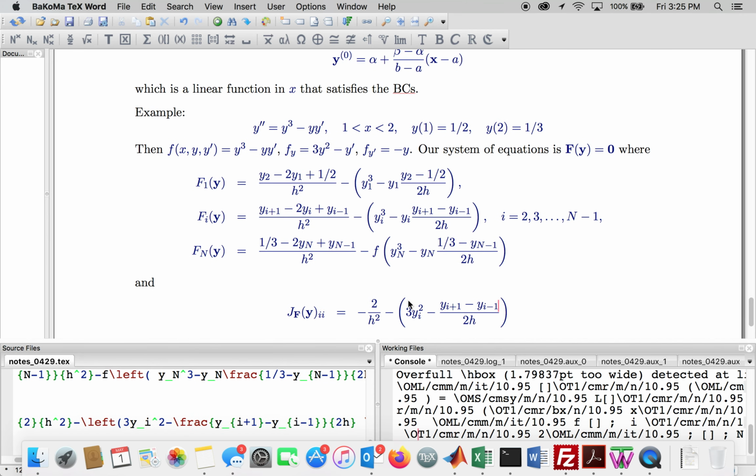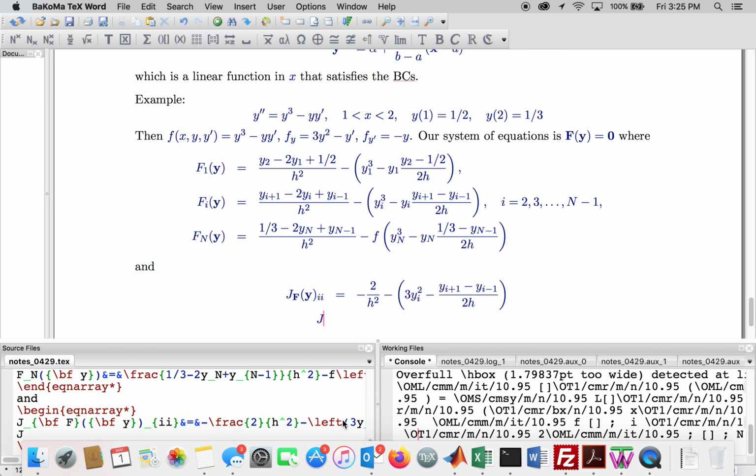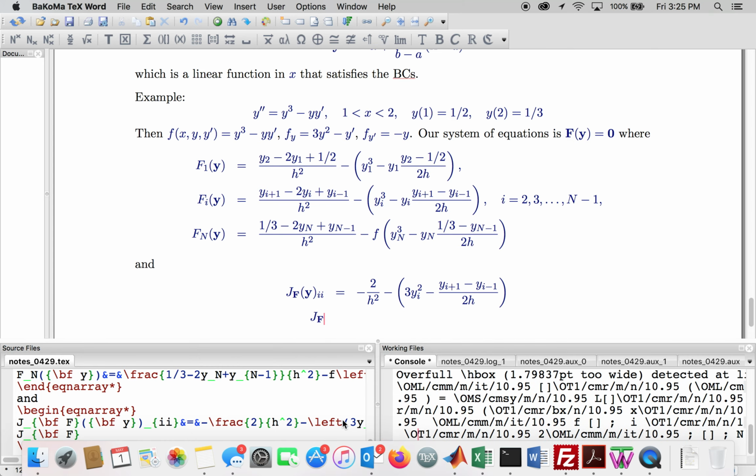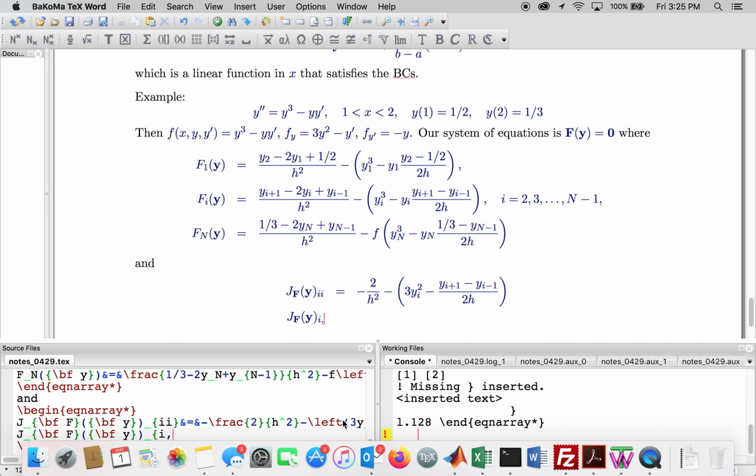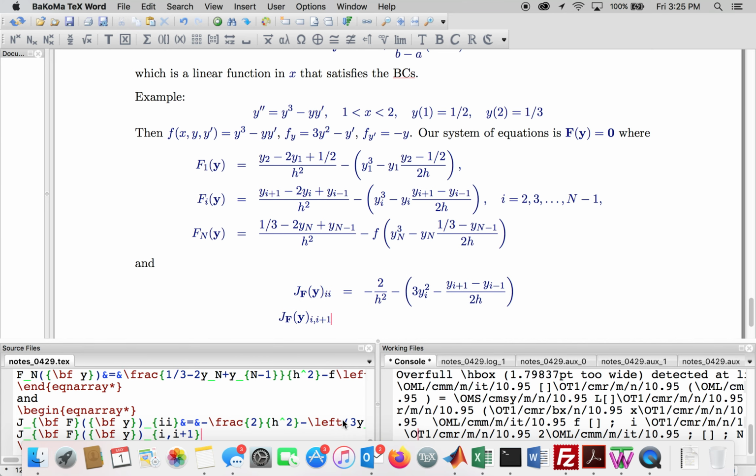And that's that for the diagonal entry. And then the super diagonal entry.